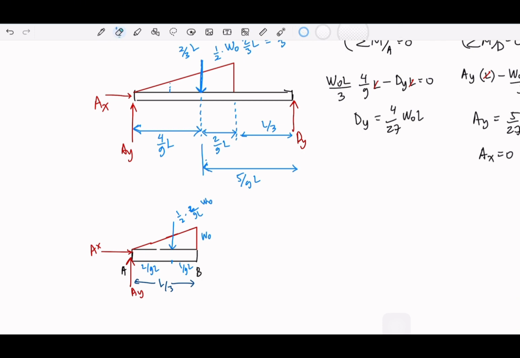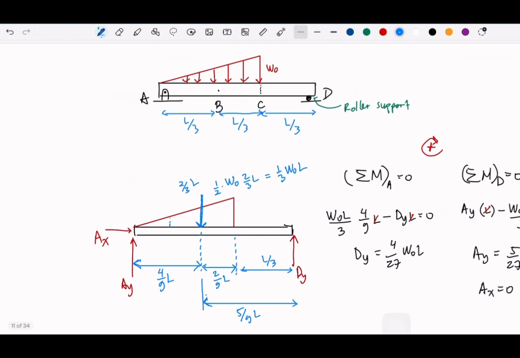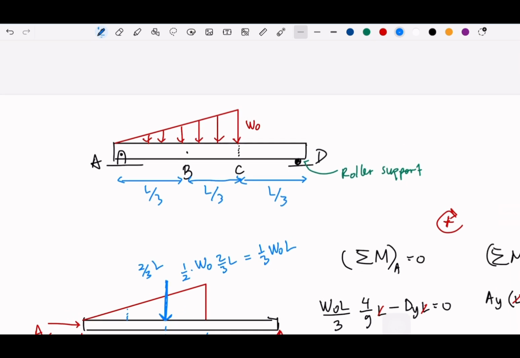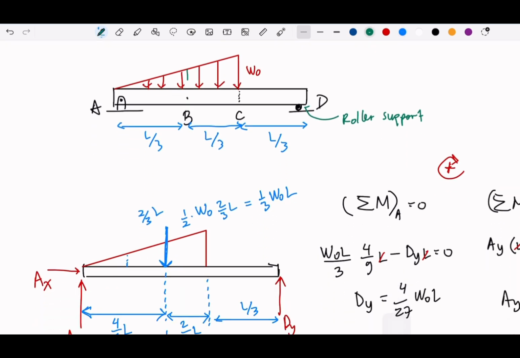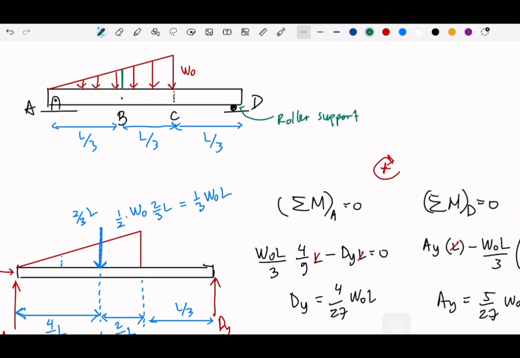And this is not W0, right? Precisely, if we take this as a triangle, by ratio of triangles, we write W0 over 2 over 3 L is equal to, let's say, Y over L over 3.